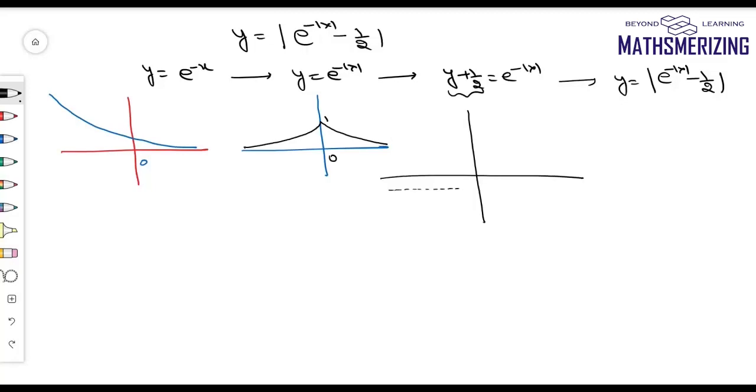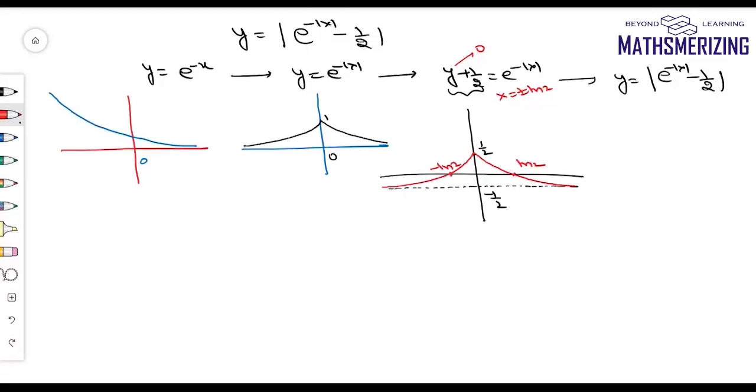y-axis. So now the horizontal asymptote will be at minus 1 by 2 and the maximum value will be at plus 1 by 2. So in this equation, if I put y as 0, I'll get x equals plus or minus ln 2. So these points of intersection will be minus log 2 and plus log 2. Now I'll take the transformation of mod fx.